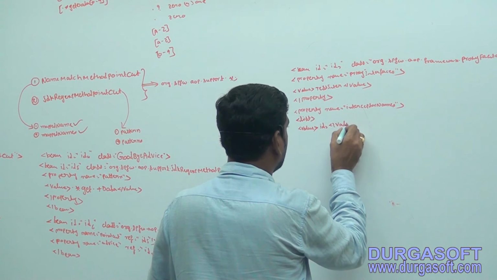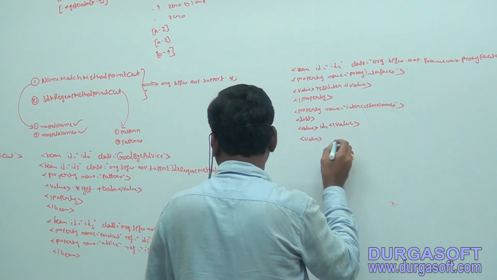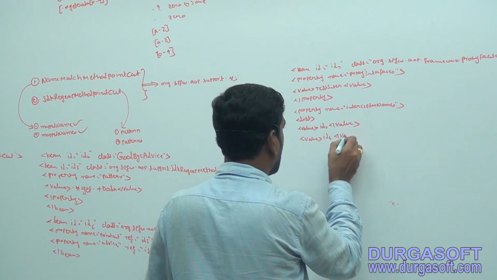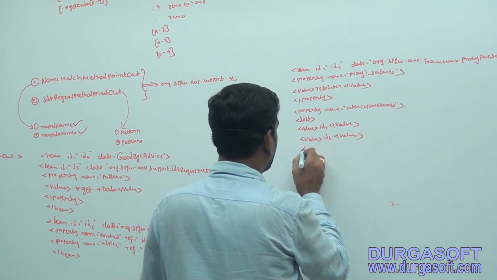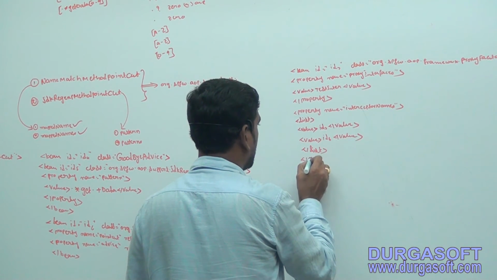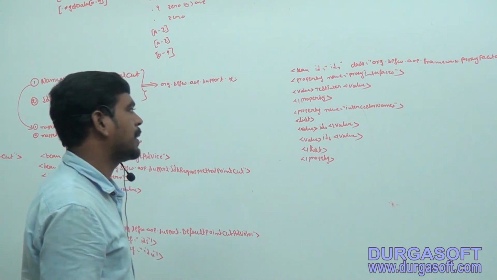Close the value. Next value id 6. Close the value. Close the list. Close the property. Like this we can configure.